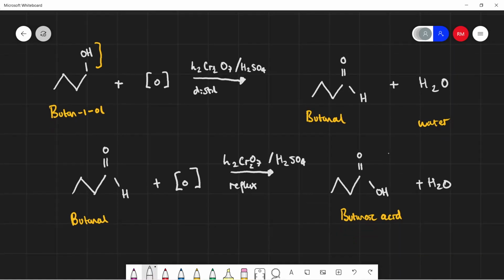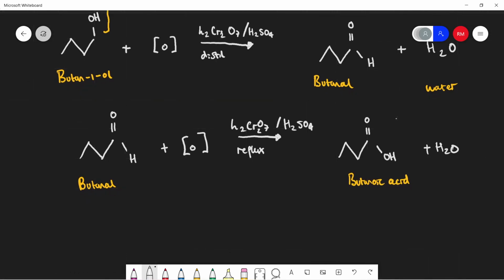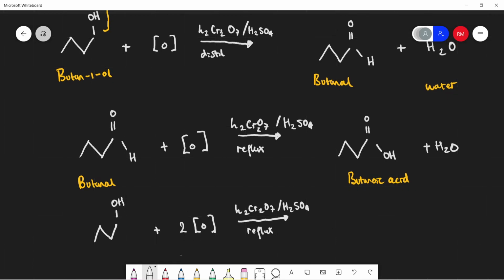Now you can also just go from butanol to the carboxylic acid, butanoic acid. That's by just having this reaction in a reflux setup and reacting it with an excess amount of acidified potassium dichromate, H+, and then plus our water.